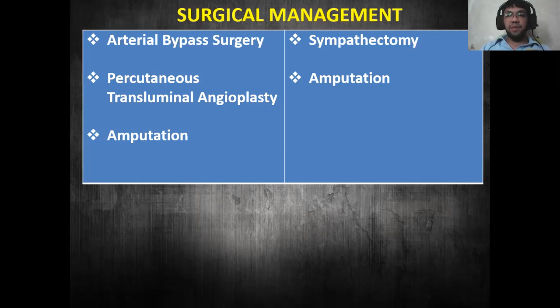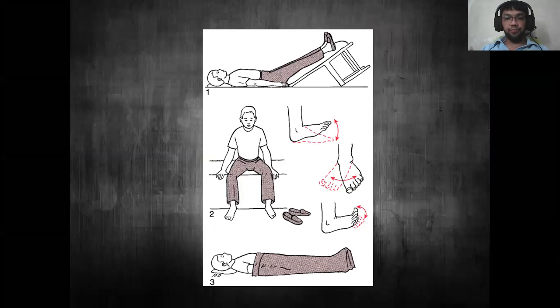And for sympathectomy, they need to excise a nerve in order for the sympathetic nervous system, or the nerve supplying the upper extremities of the patient with Raynaud's disease, not to tell the blood vessels to do vasoconstriction or spasms. So that may be done as well.